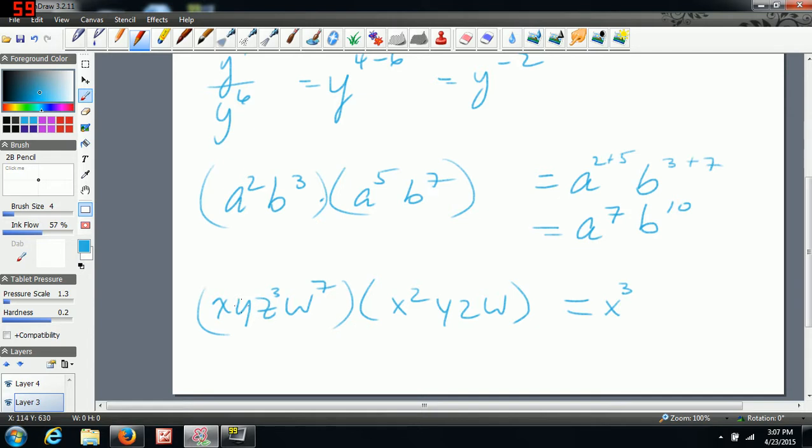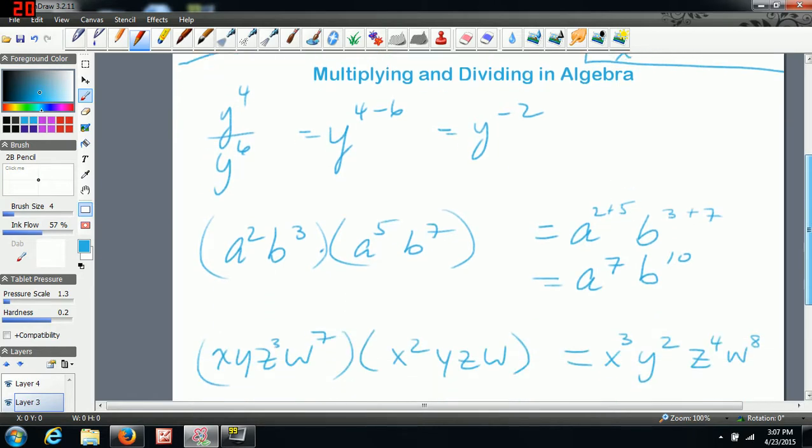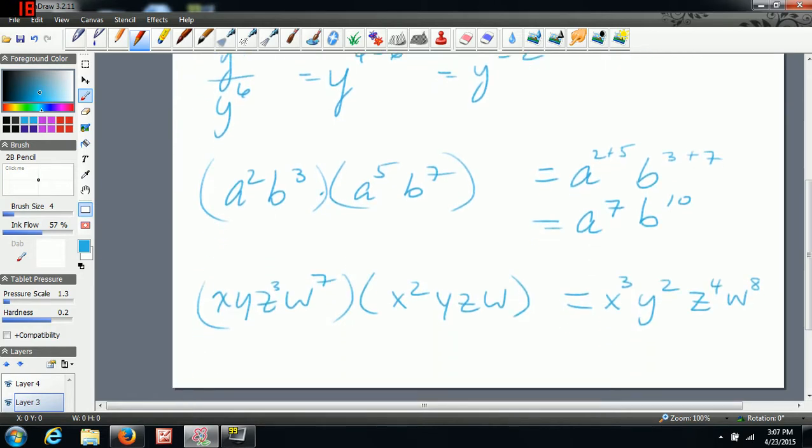Then you've got y to the 1 and y to the 1, so that becomes y to the 2, and z to the 1 and z to the 1 becomes z to the 2. Over here, we've got w to the 7 and w to the 1, so that becomes w to the 8. So you add the exponents and use the same rule. This always holds in algebra for multiplying expressions or variables, so it's important to keep that in mind.